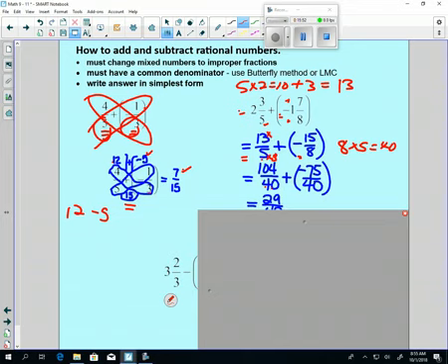So we have to multiply by 8 here. So 13 times 8 is 104. Here we have to multiply 8 by 5 to get 40. So that means 15 times 5, we get 75, and it's a minus 75. We add the two together, 104 minus 75, we get 29, and the answer is 29 over 40.